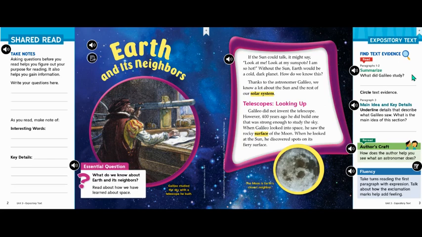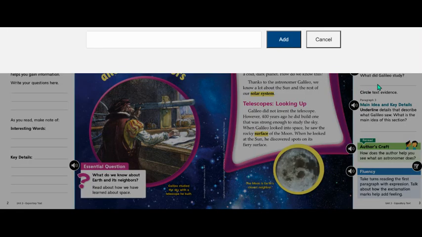In the second paragraph, I read that Galileo was an astronomer and he knew a lot about the sun and the solar system. So this makes it clear that Galileo studied the solar system. So let's write that on the line. The solar system.